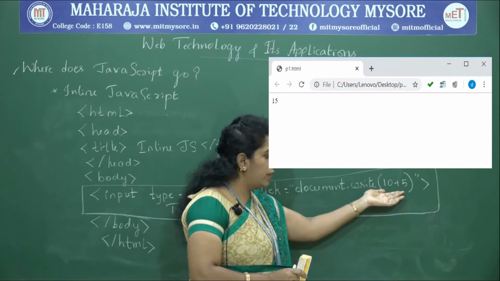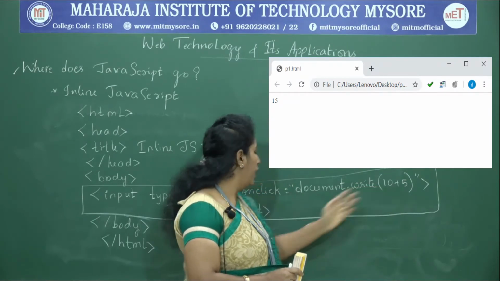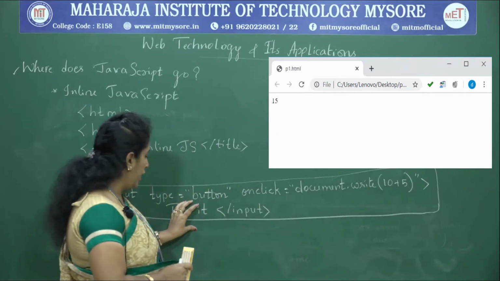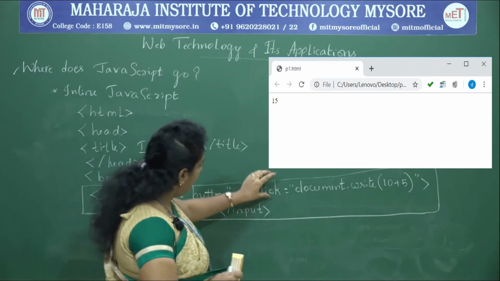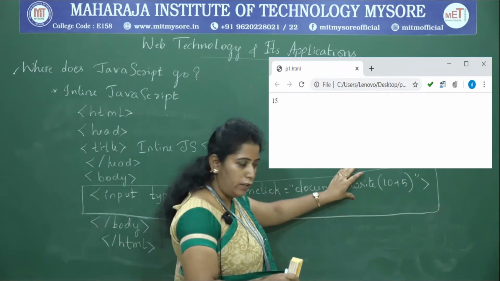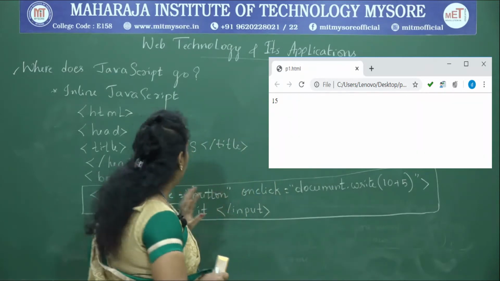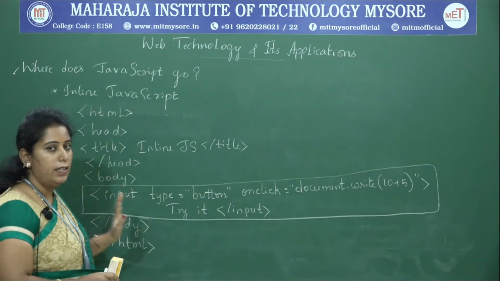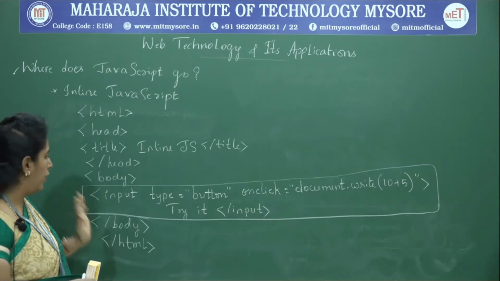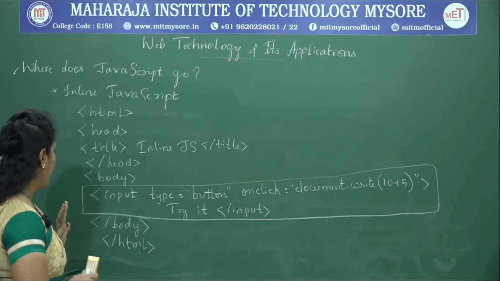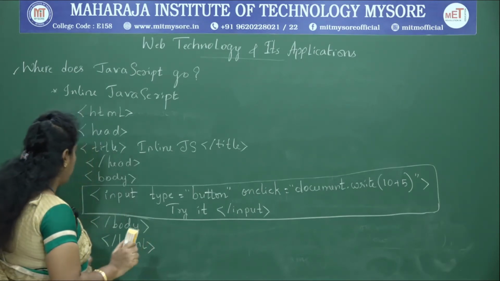So what is the output it is displaying? 10 plus 5. It performs some addition. So finally when I click on try it, onclick gets activated. Here I have assigned to print this value. Finally an output you can notice is 15. So this is what inline JavaScript is.